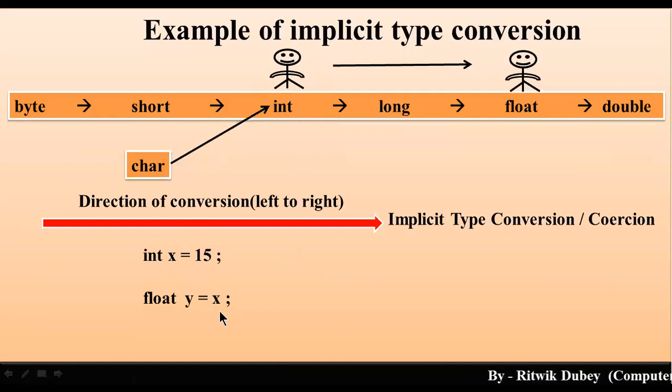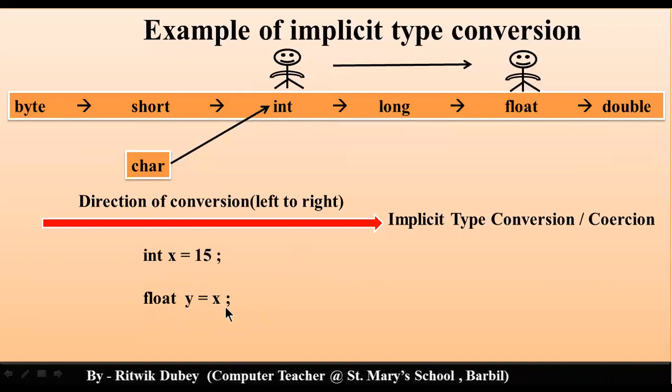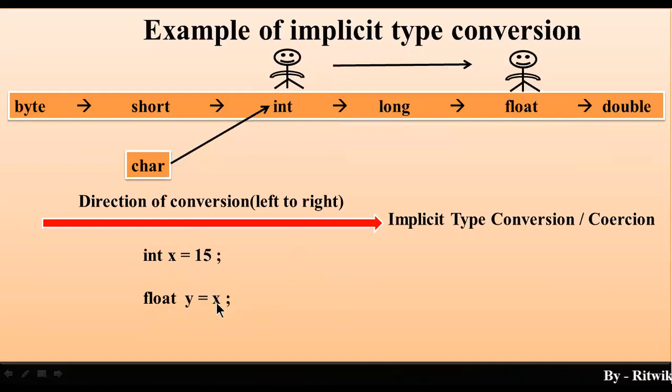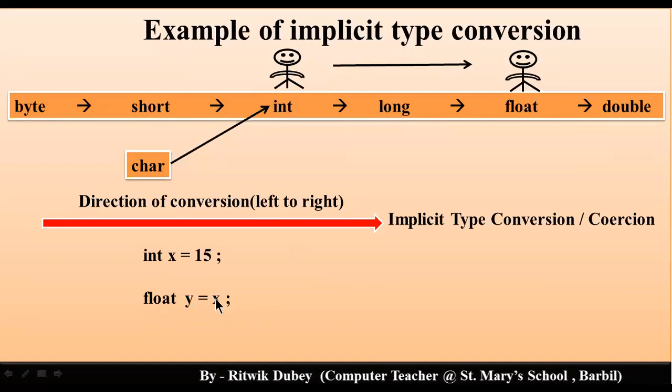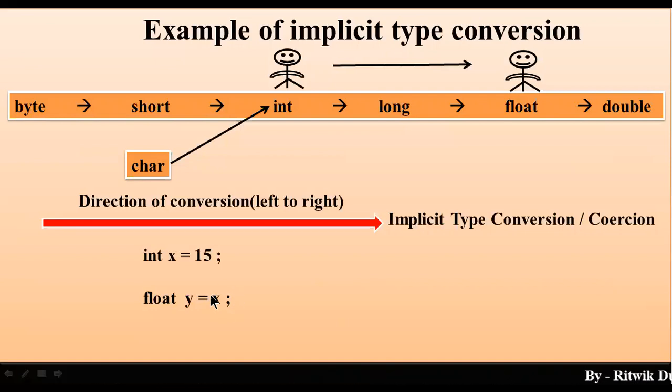Okay. Now in the second statement, look carefully. Don't say it as y is equal to x. It is called as the value of x is getting stored in the variable y. So what is the value of x? 15. What type of value? It is int. So int value is getting converted to float. Yes or no?